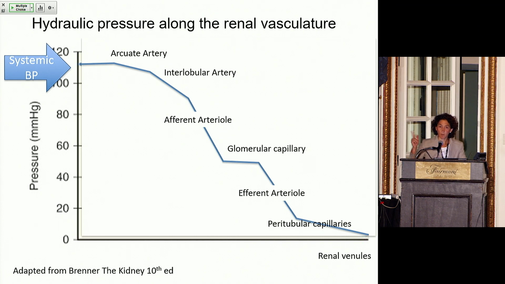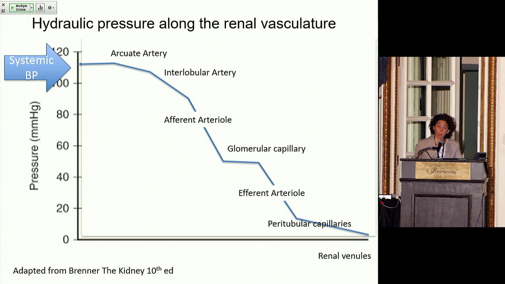I'm writing hydraulic because hydrostatic, which is what you'll see mostly in the literature, refers to static pressures. But in fact, hydraulic is, I think, a better term because this is flow of blood in the vasculature.